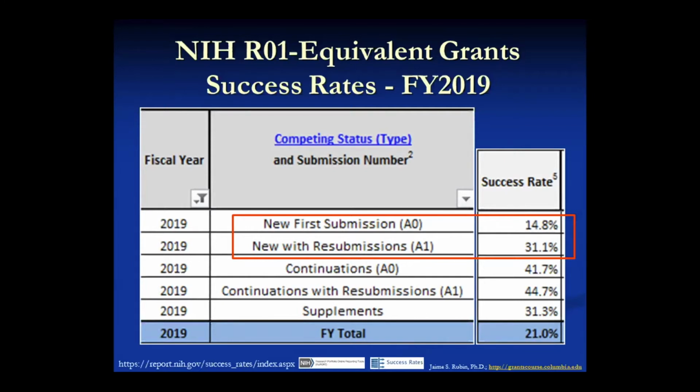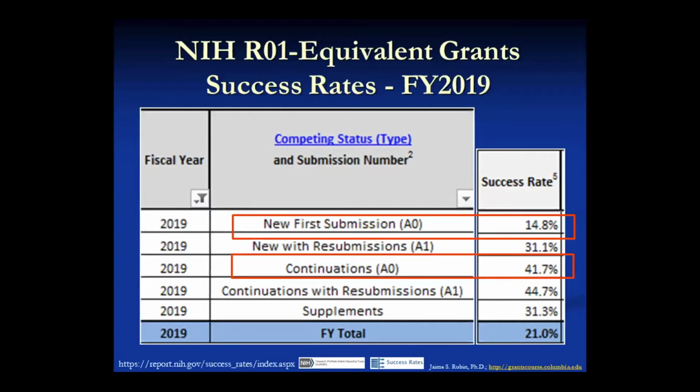In that resubmission, you would address and respond to all of the reviewers' comments that you received in response to that first submission, the A0 application. You can see the very significant change in the success rate from 14.8% to 31.1% between the initial application and those that submitted resubmissions, demonstrating that they must have very comprehensively responded to the reviewers' comments.